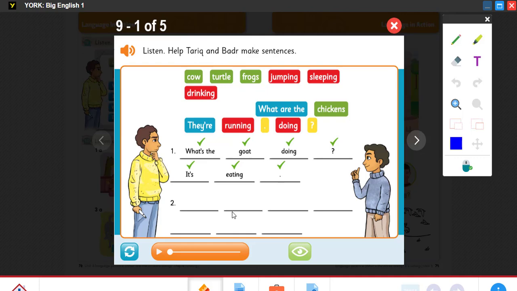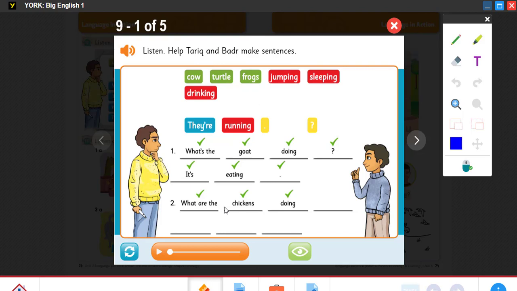Great work. Number 2. Let's form a question about the chickens. What are the chickens doing? Great work. And is it a question or a sentence?